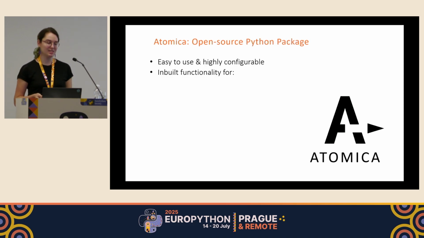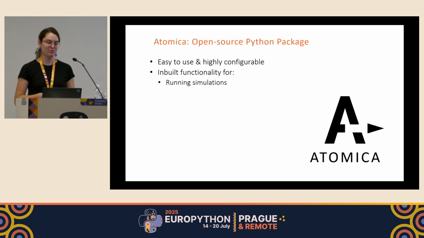I think one of the good things about Atomica is that while it's really easy to use, it's also very highly configurable. It has lots of inbuilt functionality for different things, and because they're structured in different modules, you can pick and choose which ones are useful to you, and which ones maybe you don't need at the moment.